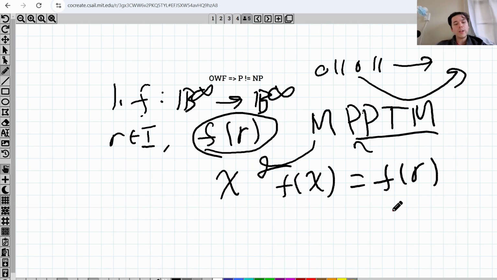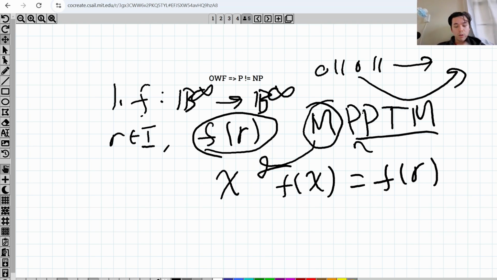So this is the one-way notion, that you can go from an input, a random input, which is important, to an output, and a reasonable machine M will not be able to find an inverse. You could see why this might be useful and how you could start building cryptography out of this.